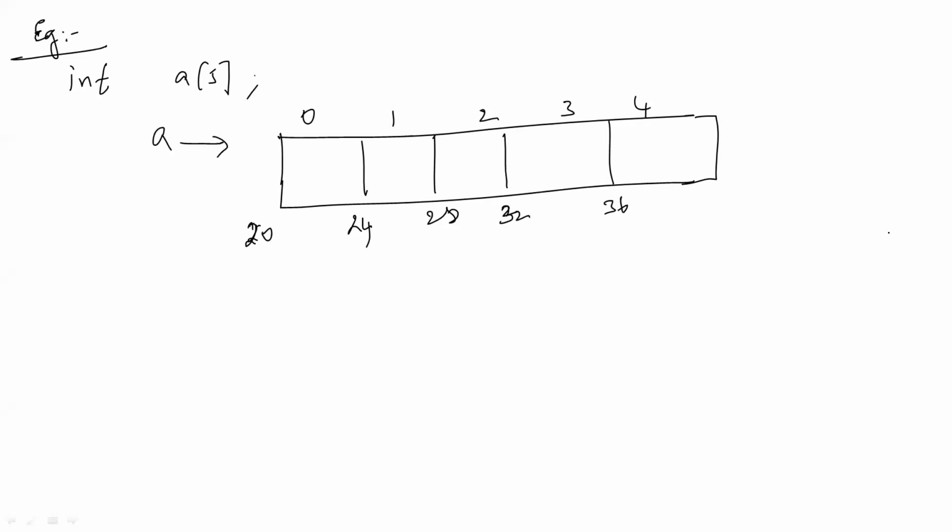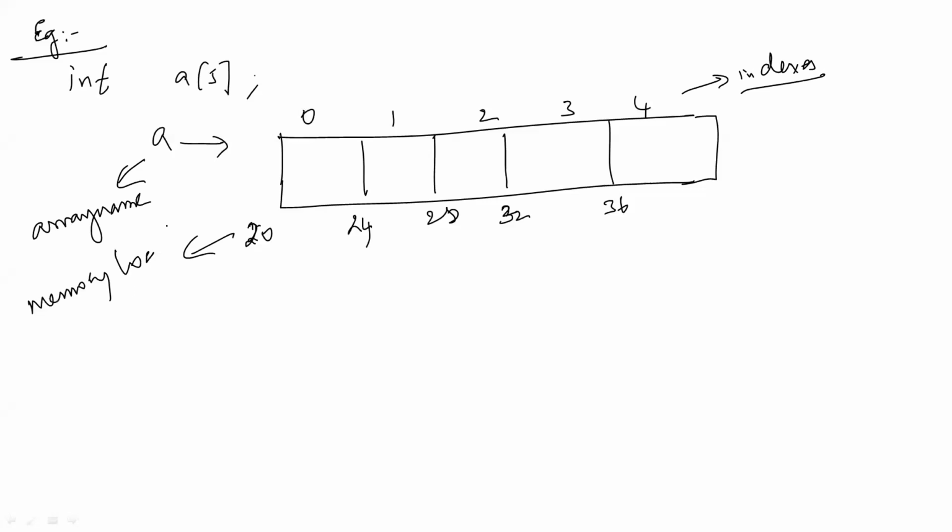Right? So now what are these indexes? What is this array name? What are these memory locations? Very, very important, sir. These are memory locations. These are indexes. This is an array name.